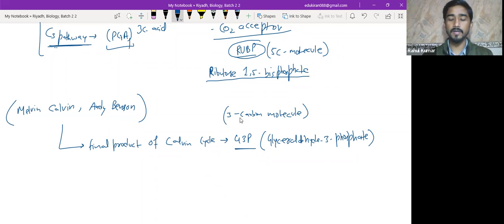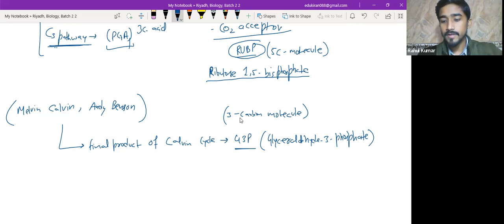Now let's try to figure out. If a 3-carbon molecule comes out as a final product, and you finally have to make glucose at the end of photosynthesis, then there must be additional steps to it, correct?